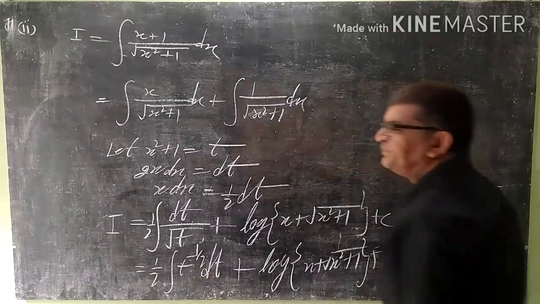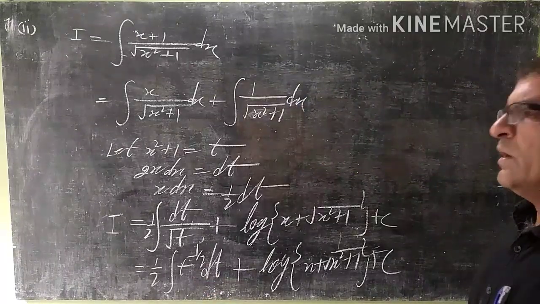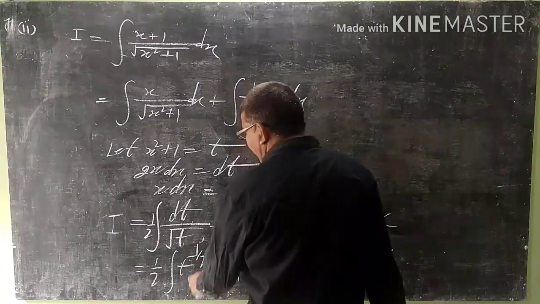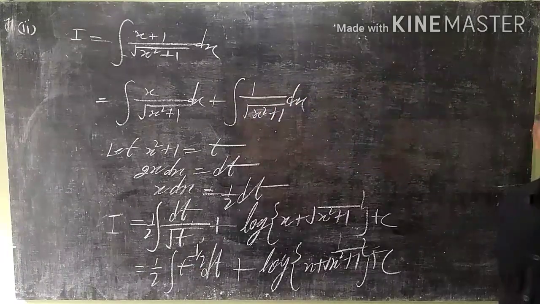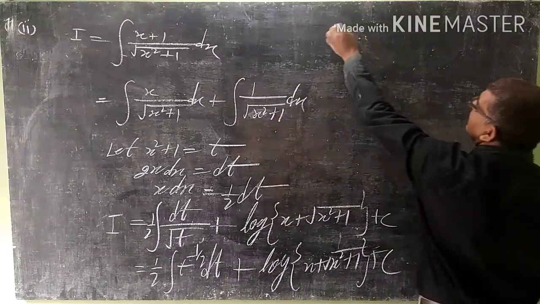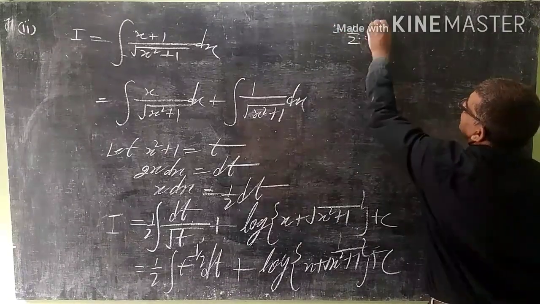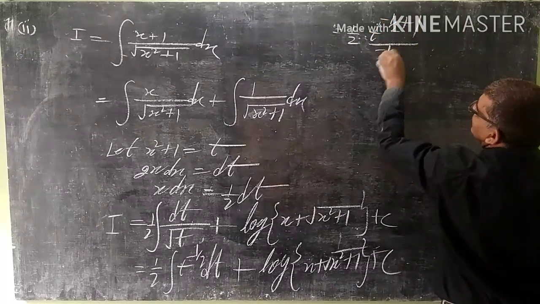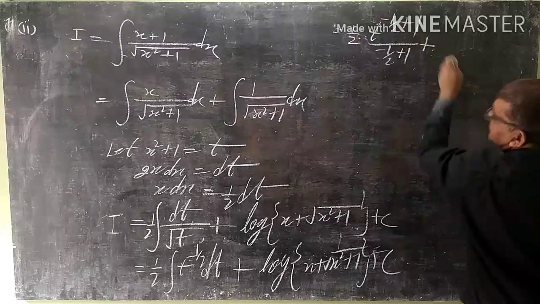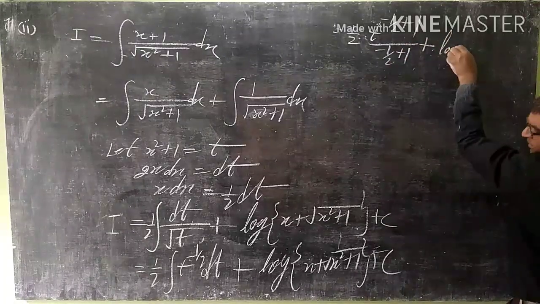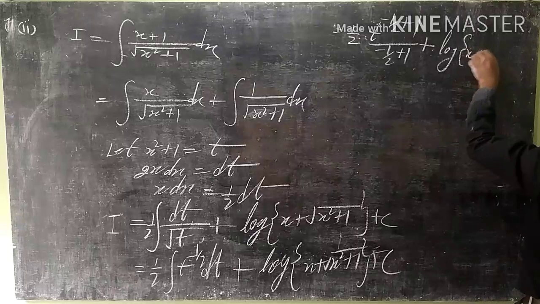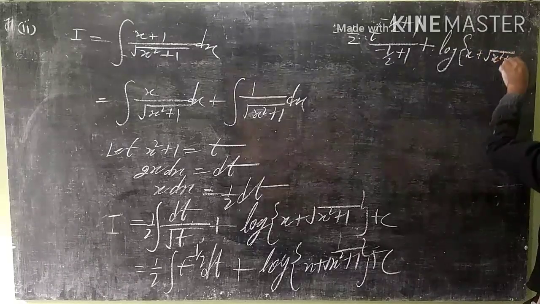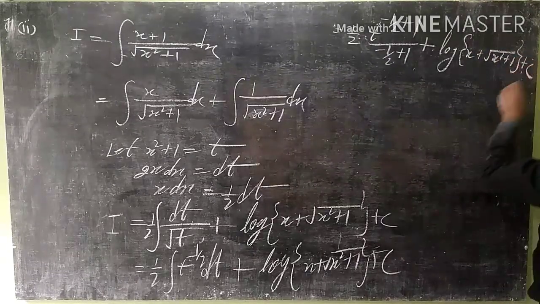Now we can apply the formula of integration of x power n, which is a standard formula. Now it will become 1 by 2 t to the power (minus 1 by 2 plus 1) upon (minus 1 by 2 plus 1), plus log x plus under root x square plus 1 plus c.